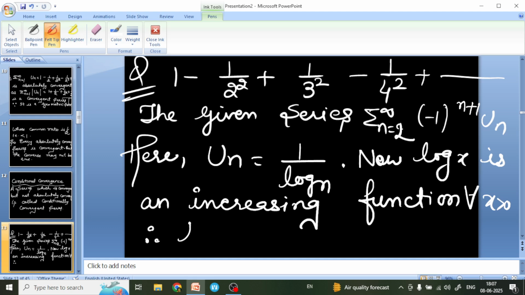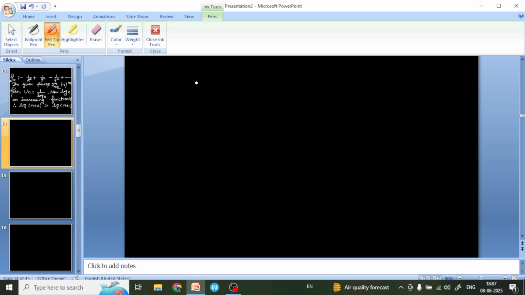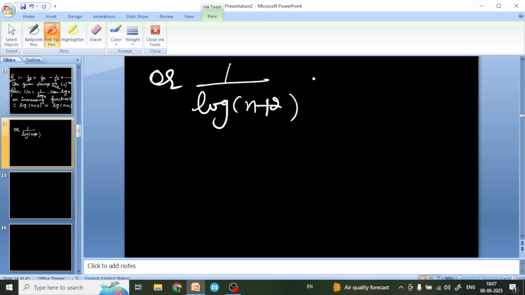So log n plus 2 is greater than log n plus 1, or you can say 1 by log n plus 2 is less than 1 by log n plus 1.